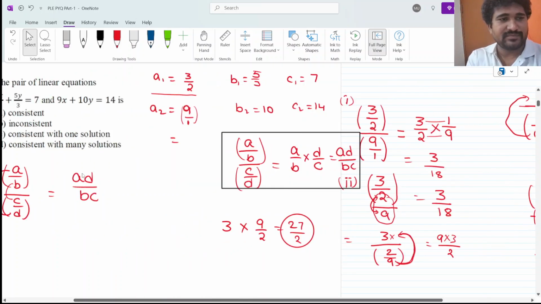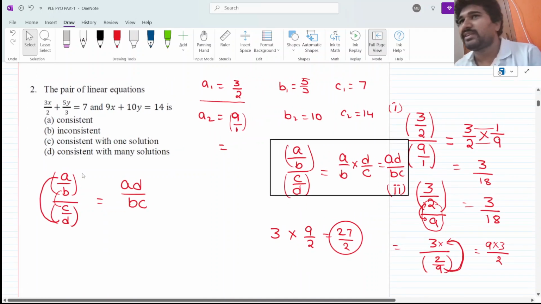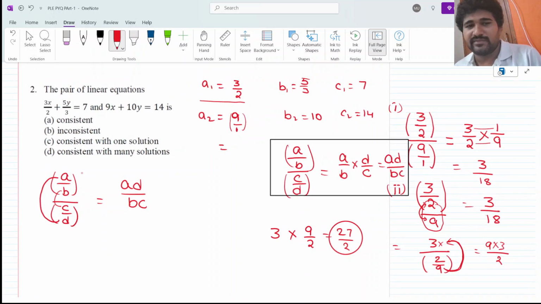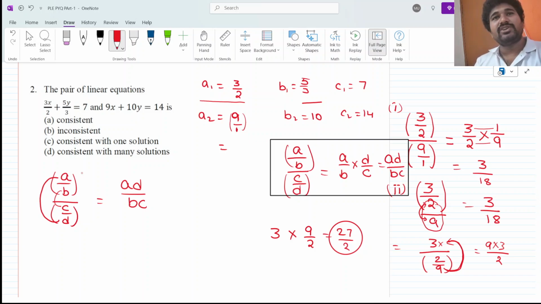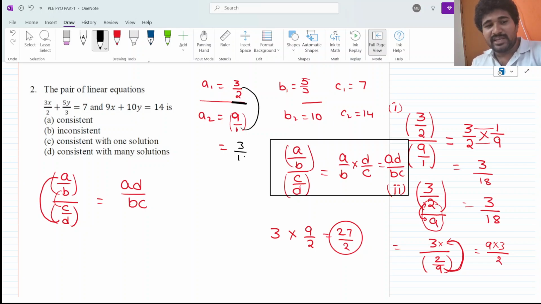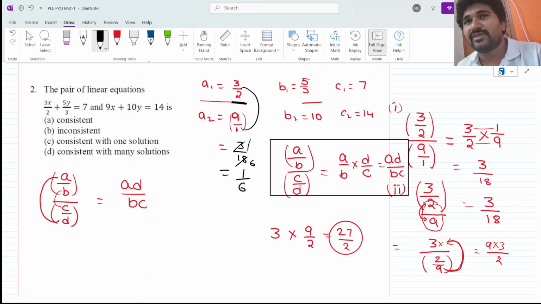Let's see. I hope it is clear. Yes, 9 by 1. Now what is its value? Here we didn't mention the value. Tell me the value now. Two fractions. What will you do? What is your answer? How much will it be? 3 by 18. I think you can cancel it. 3 by 18 is 1 by 6. Very good. Correct?